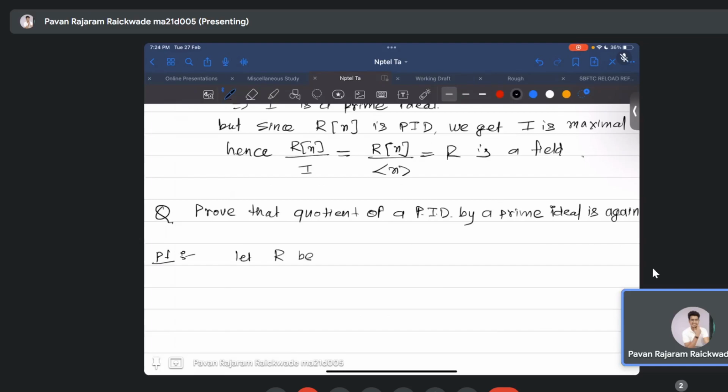Let R be a principal ideal domain and I, a subset of R, be a prime ideal. Then there are two cases. In the first case, I is non-zero. This implies I is a maximal ideal by the earlier proposition.